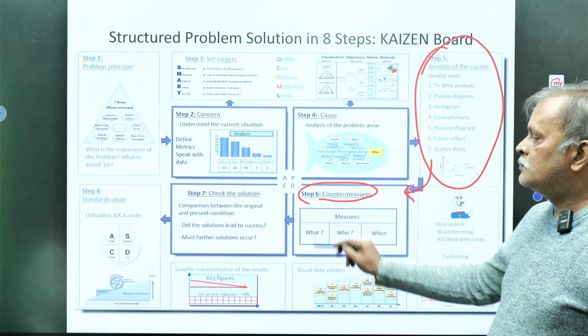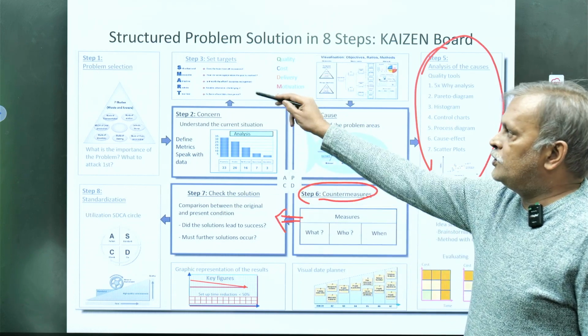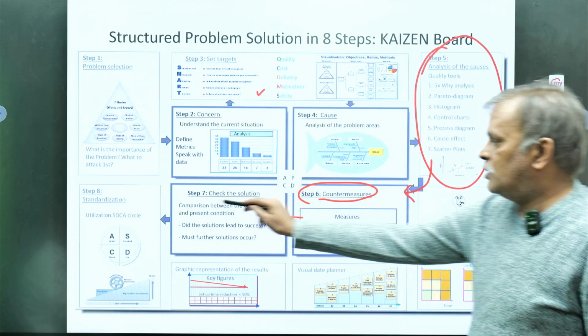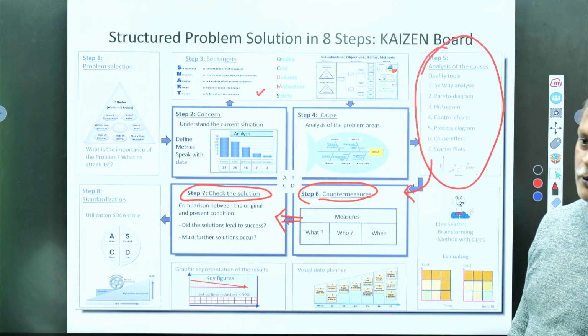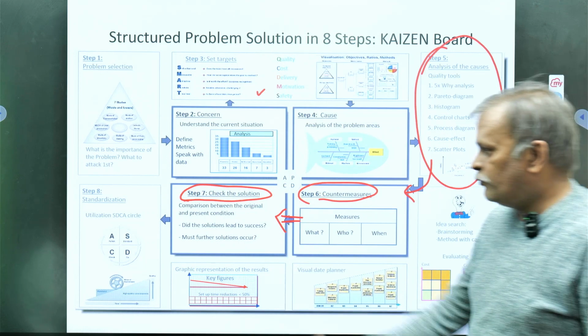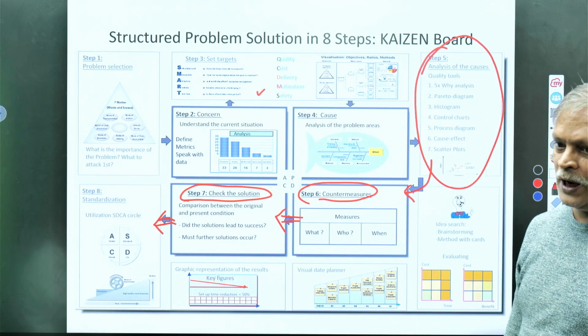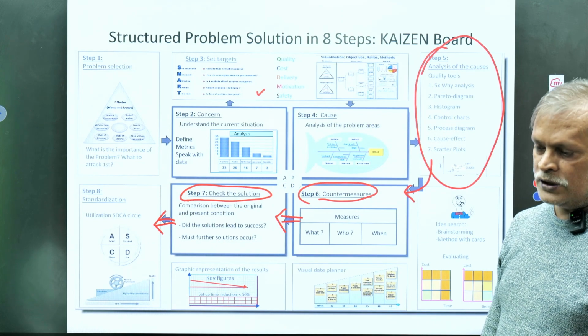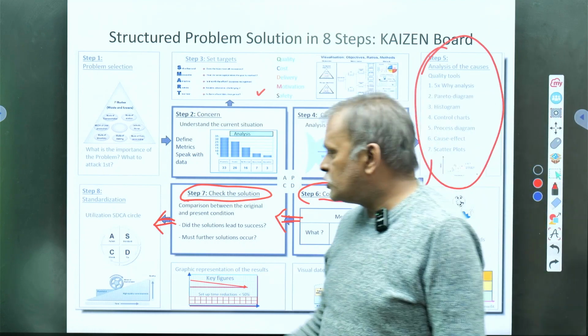Implement कर दीजिए. Now that you've implemented, hopefully you will work at achieving your targets. So check if you've been able to achieve that result. If you've been able to achieve the result, standardize, put together mechanisms so that this error does not happen again. So what are you doing in terms of your recurrence prevention?